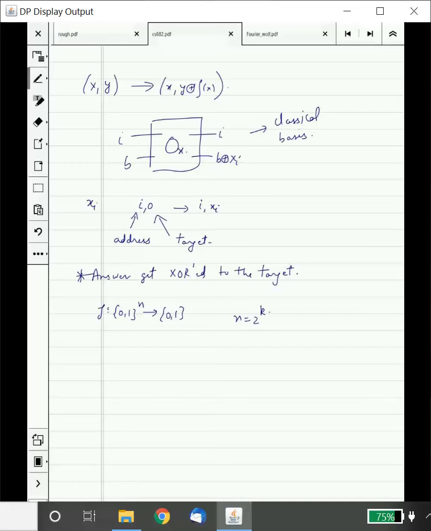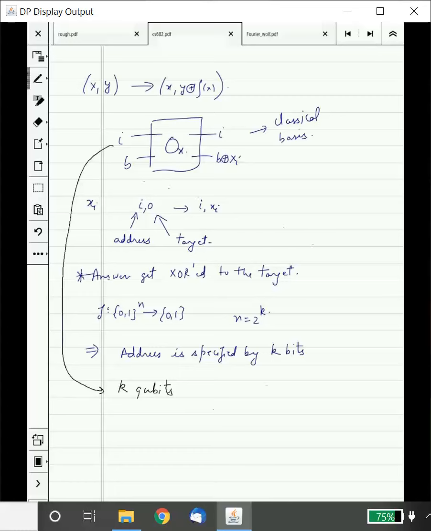This will imply that an address is specified by k bits. In this case, this will be k qubits and this will be 1 qubit. My address register will have k qubits, my target register will have 1 qubit.